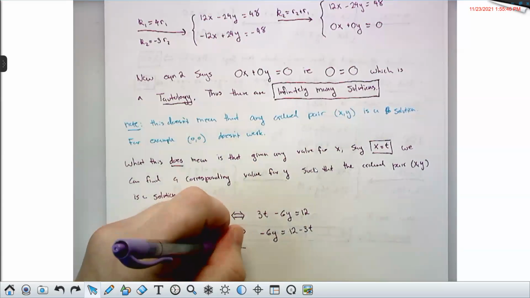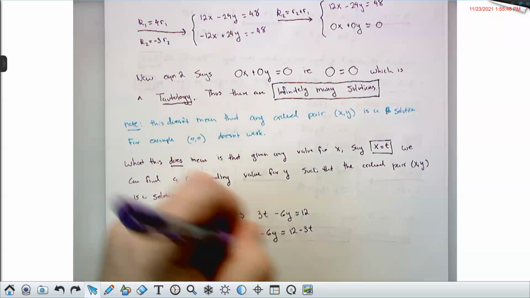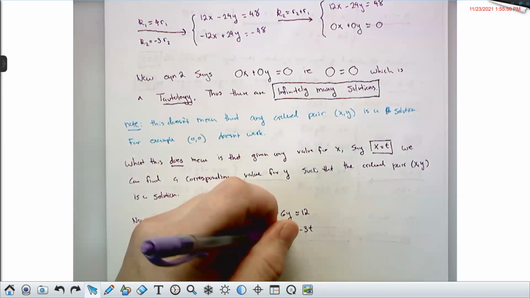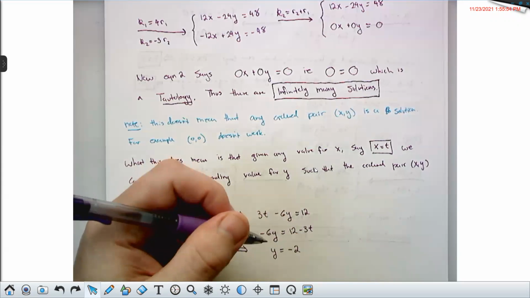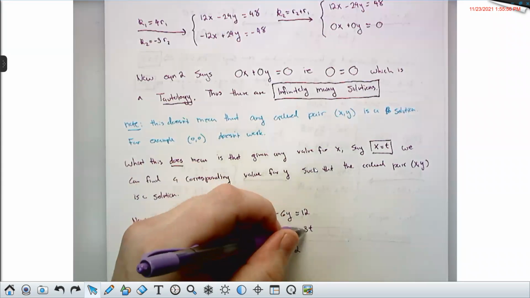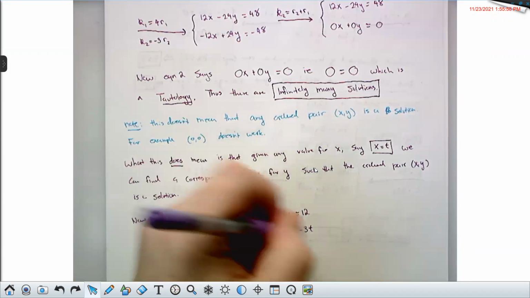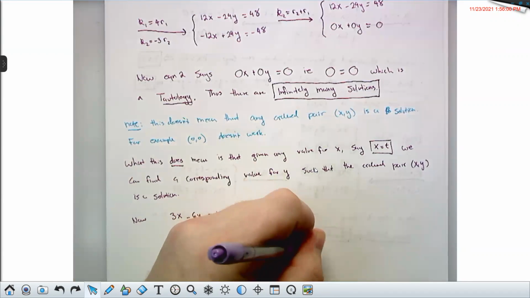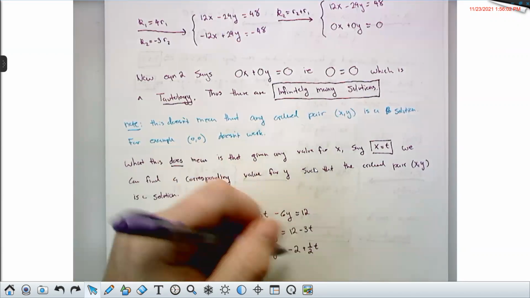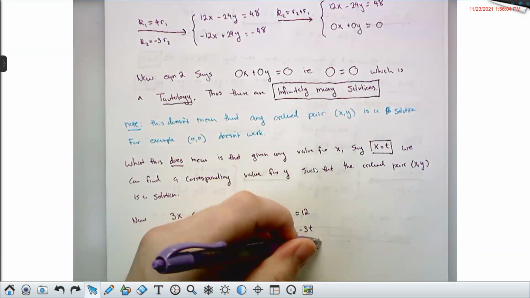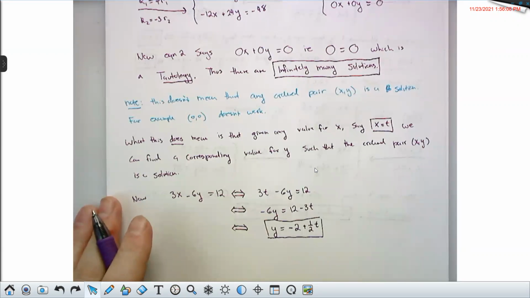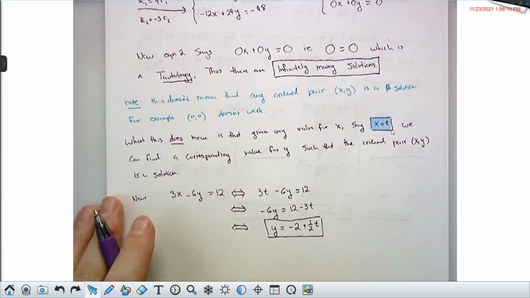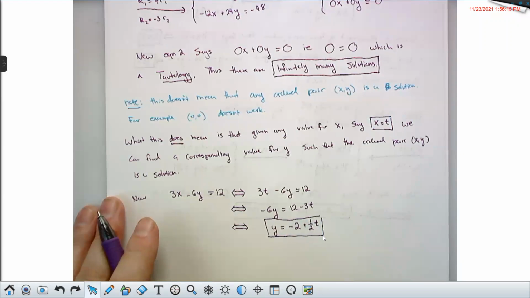And then I divide both sides by negative 6. And that will get me y equals 12 divided by negative 6 is negative 2. Negative 3t divided by negative 6 is plus 1/2 t. So your solutions here are any ordered pair of the form (t, -2 plus 1/2 t).